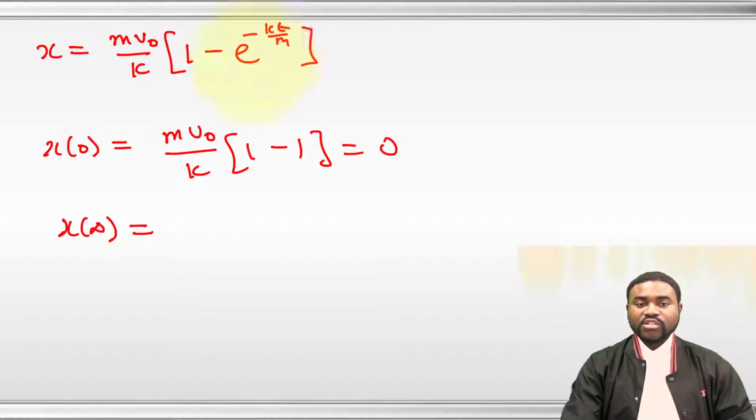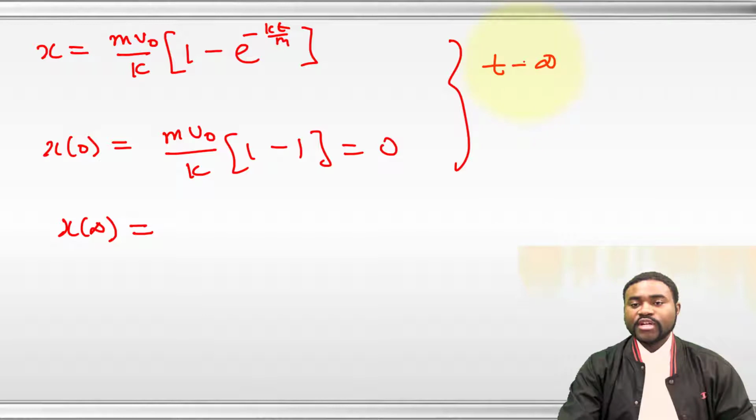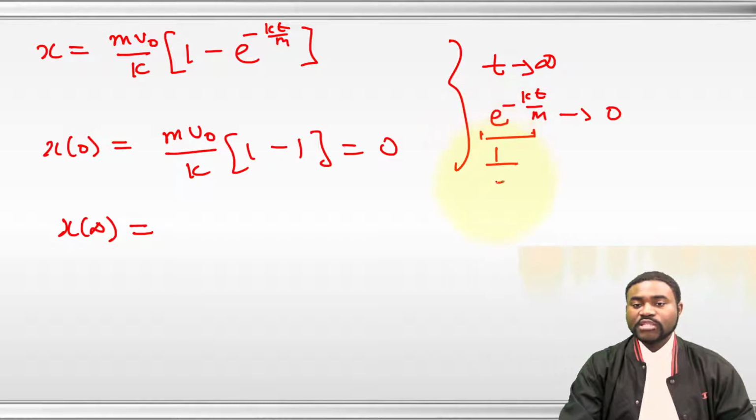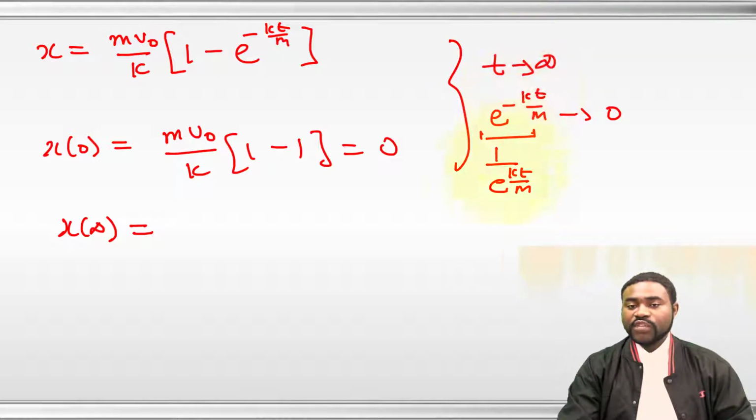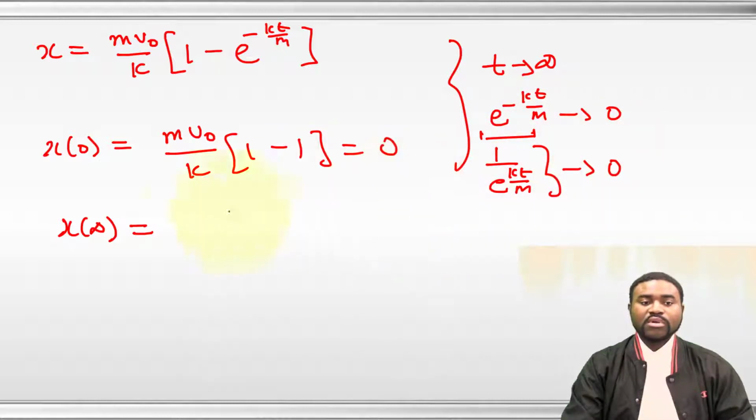Now, x at infinity is equal to, at infinity, this thing turns to what? 0. Wait. Now, look at it as t approaches infinity, e raised to the power negative kt over m approaches 0. And to see that, remember, this guy can be rewritten as 1 over e to the kt over m. As t approaches infinity, the denominator approaches infinity and the fraction approaches 0.